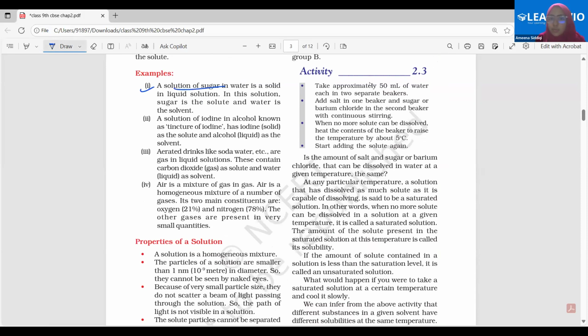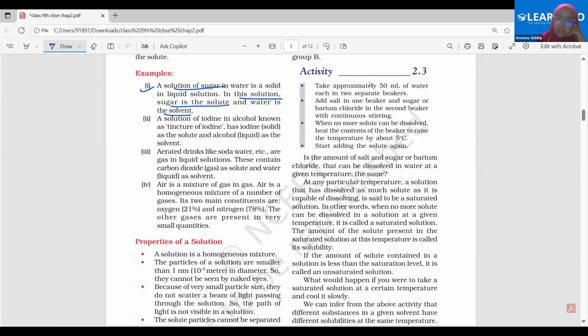So examples, a solution of sugar. This we have already done. In this solution, sugar is the solute and water is the solvent. Can you tell me what is the state here? Solid liquid, liquid liquid, or gaseous liquid? Liquid, liquid.